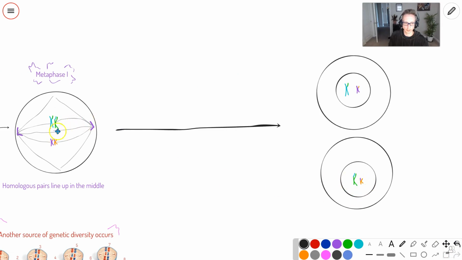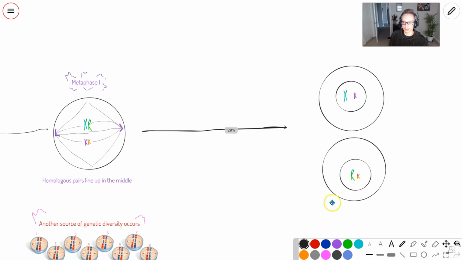These two are going to go this direction, and these two are going to go this direction. So this is anaphase, telophase, cytokinesis occurs, and this is the end of meiosis 1.